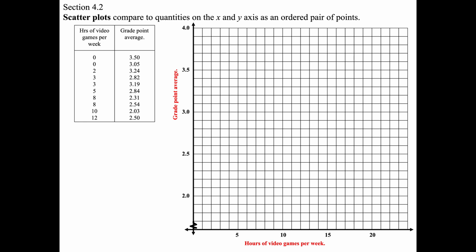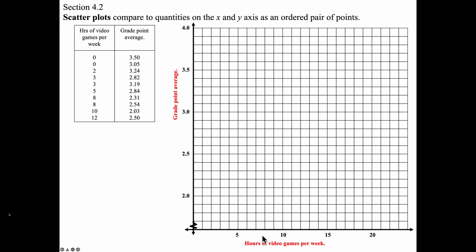The physical slope of the line might not be true because part of the graph is missing. And when we plot the points, I'll show you what that means.